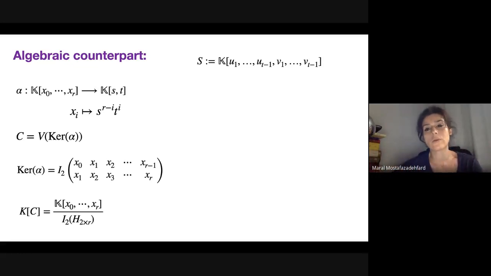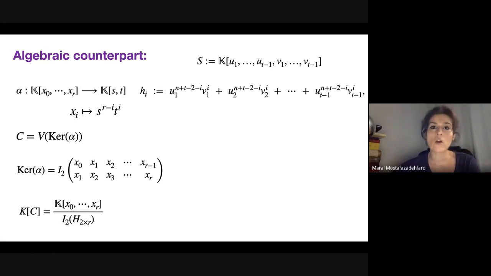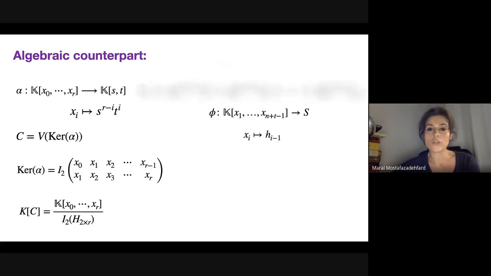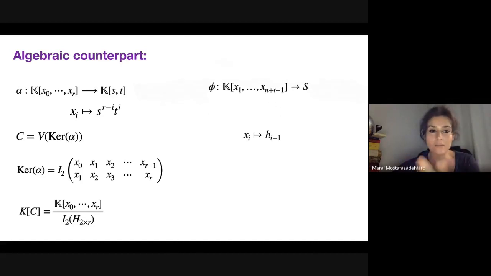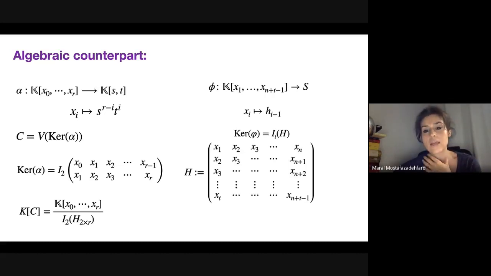In general, consider a domain where the parameterization is given in this form: u_1, ..., u_(t-1), v_1, ..., v_(t-1), with h_i in this form. Again, we can define a homomorphism from the polynomial ring to this domain S, sending x_i to h_(i-1). If you keep in mind what the parameterization was, the kernel of this map is the defining ideal of the secant varieties; that is, the kernel of this map is exactly the size t minors of Hankel matrices of this form, of size t by n.